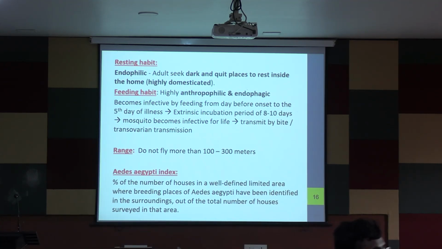It is the percentage of number of houses in a well-defined limited area where breeding places of Aedes aegypti have been identified in the surroundings, out of the total number of houses surveyed in an area. Remember the exact line, it might come as the next INICET question, okay, because these kinds of questions are now favored by MCQ setters.